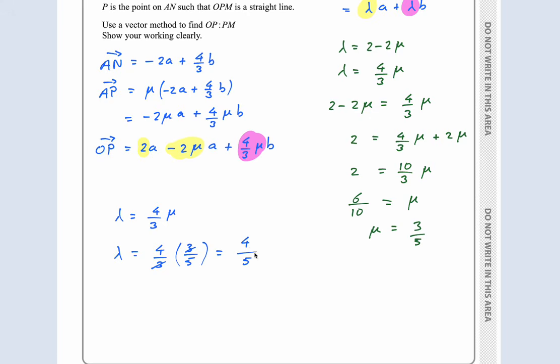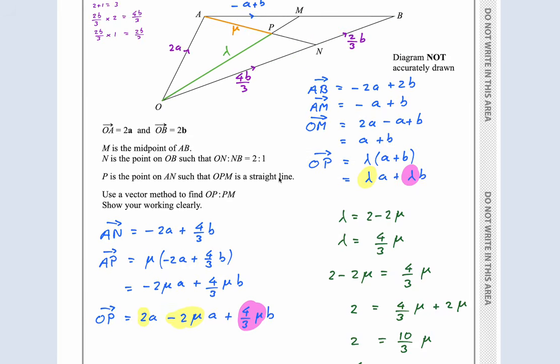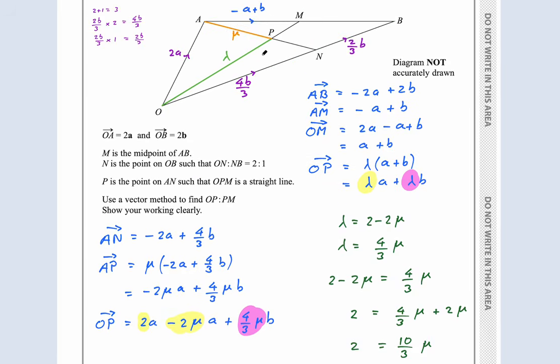And if this lambda is 4 over 5, then this distance here must be, let's get a different color, this distance must be 1/5. Now it's a fraction of the whole thing.